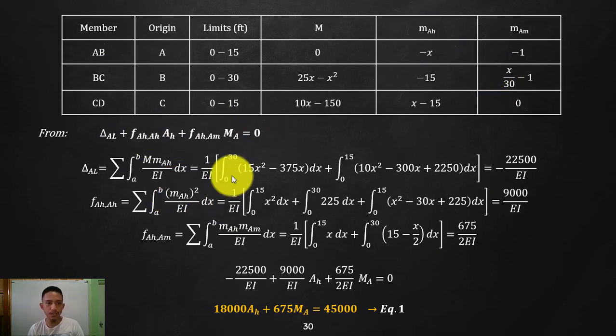Do not be confused here, since we are talking about the horizontal deflection due to the horizontal redundant. So that big M will just become itself, which is small MAH, since we are considering the loading as the redundant, and we are considering the virtual load as itself.